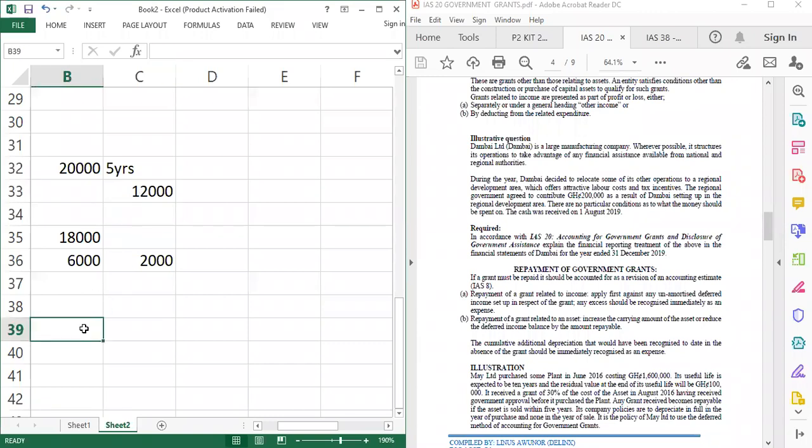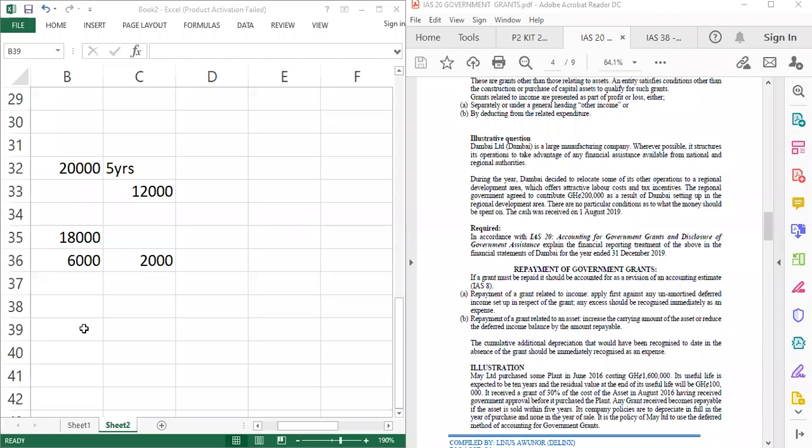Okay, Joyce. If you are canceling the 12,000, what are you doing? Are you crediting your assets and debiting the P&L or the donation account? This is a revenue grant. It's not relating to any assets.